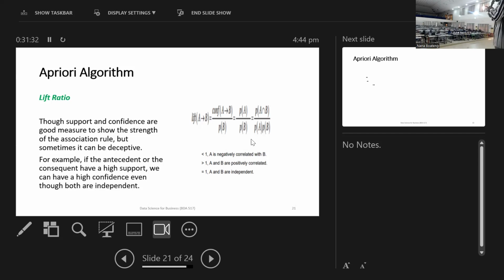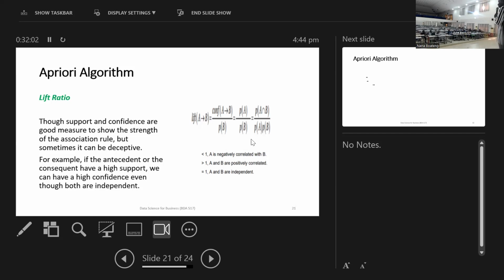All right. So the lift also gives you added criteria of ensuring that there's a linkage between the items that you are using. So most of the time, you want to look at a lift that is more than 1. Then you can confidently say that this item set is associated.